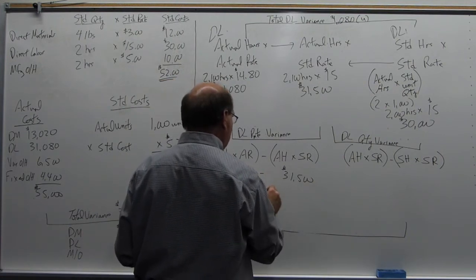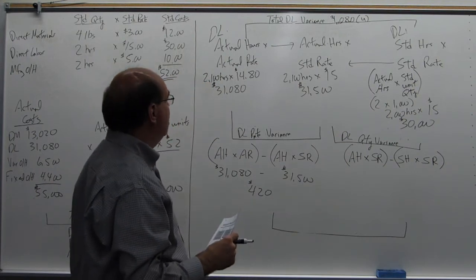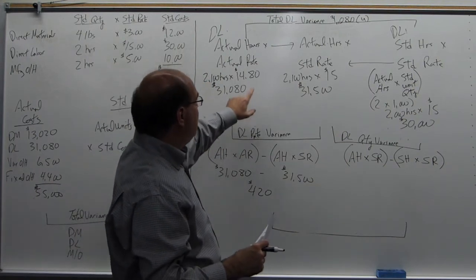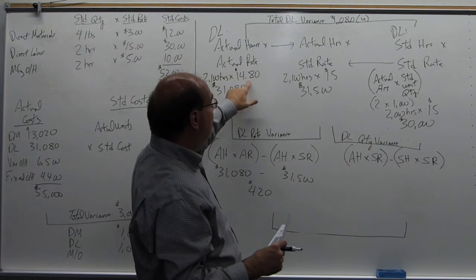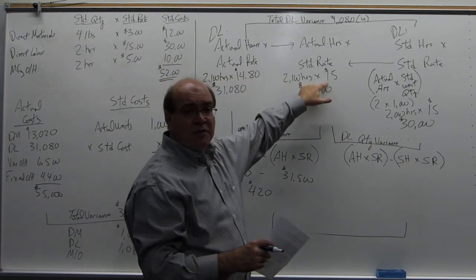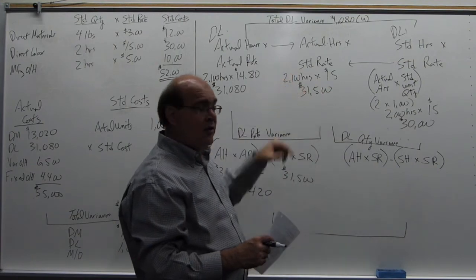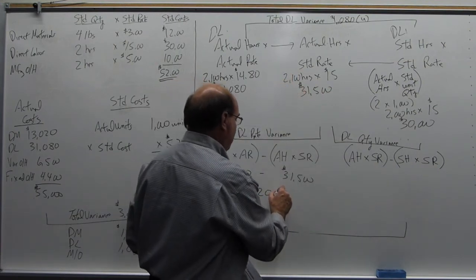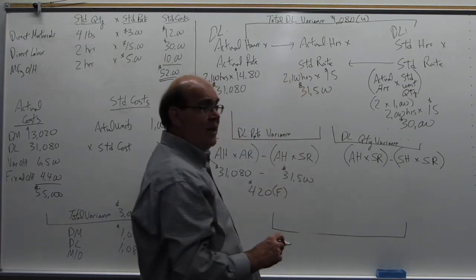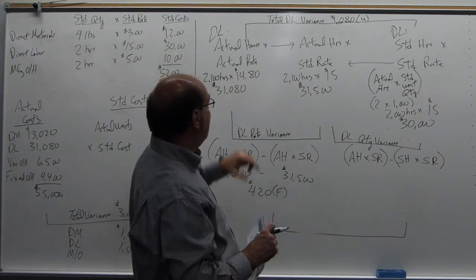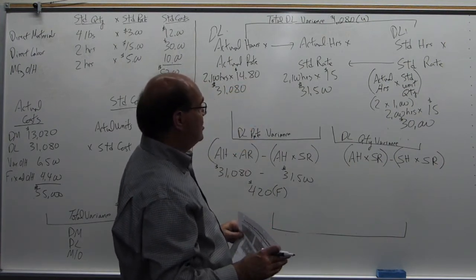How do I know if that's favorable or unfavorable? Well, look at my rate. I paid $14.80 per hour, and my standard was 15. Was I favorable or unfavorable? Yeah, my actual was under. That's favorable, so that's going to be a favorable variance. Okay. I saved money. I saved 20 cents an hour by paying them less than the standard.